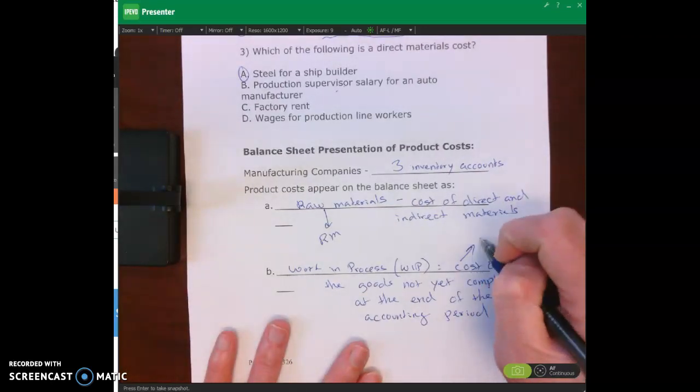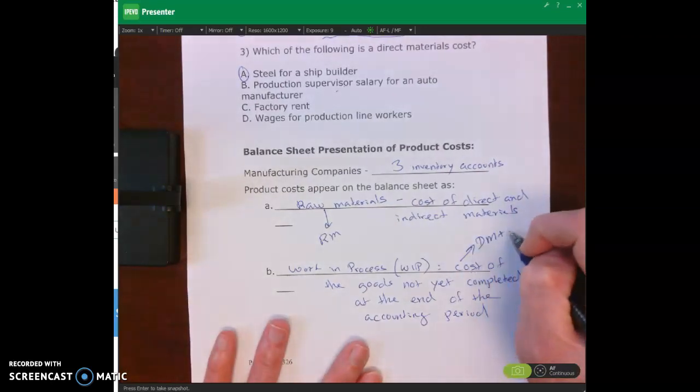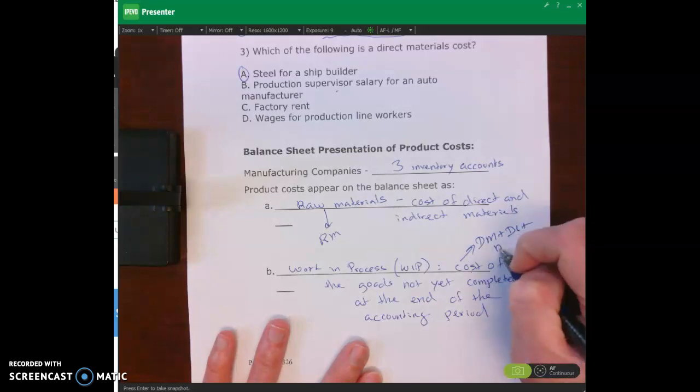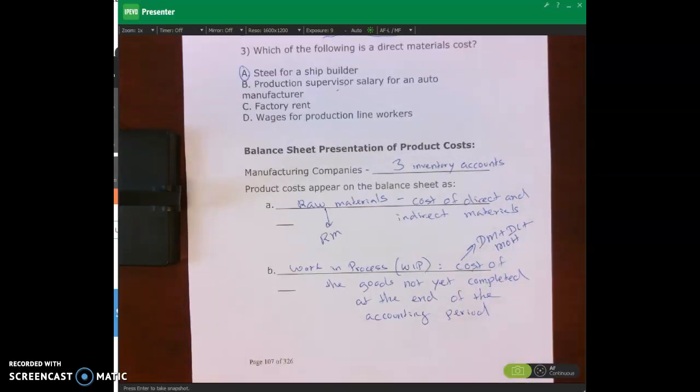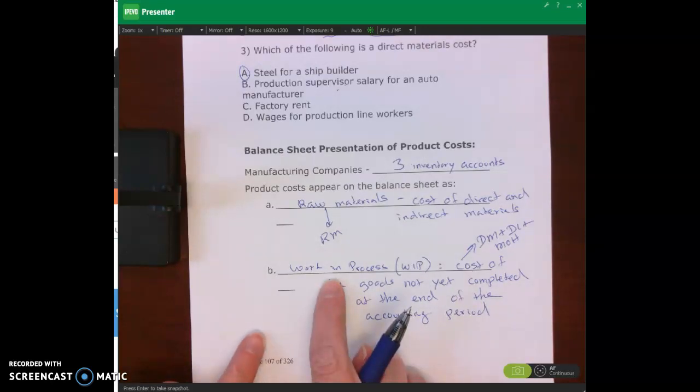What I really mean is the direct materials plus the direct labor plus the manufacturing overhead attached to those goods that we have been working on during the accounting period, but we have not yet finished at the end of the accounting period. So think of if we're making a table, for example, and the table only has 3 of the 4 legs done at the end of the accounting period. That table is not finished. It is a work in process.